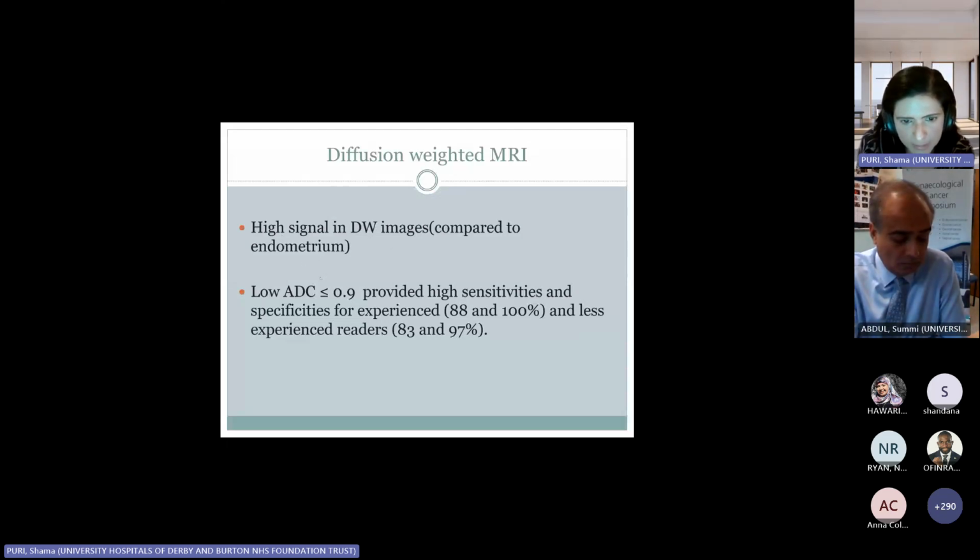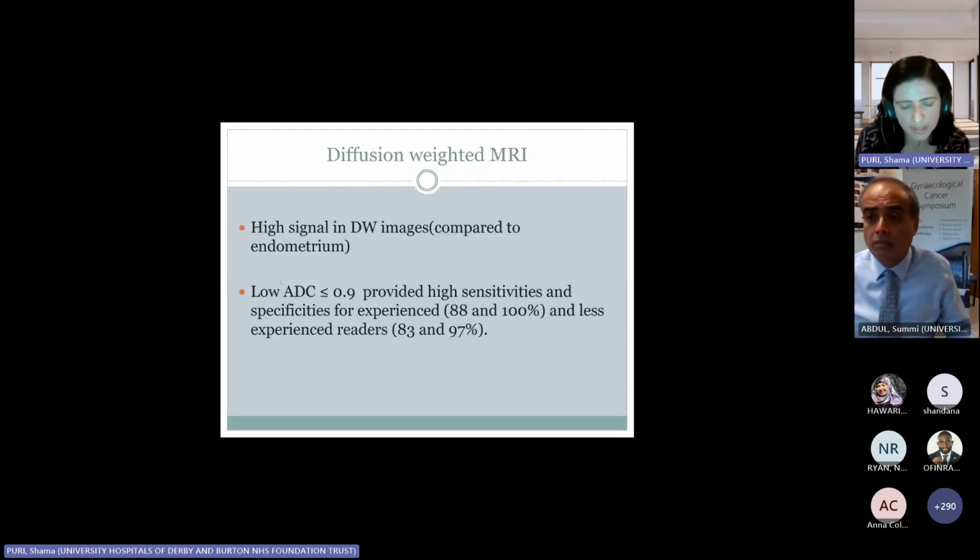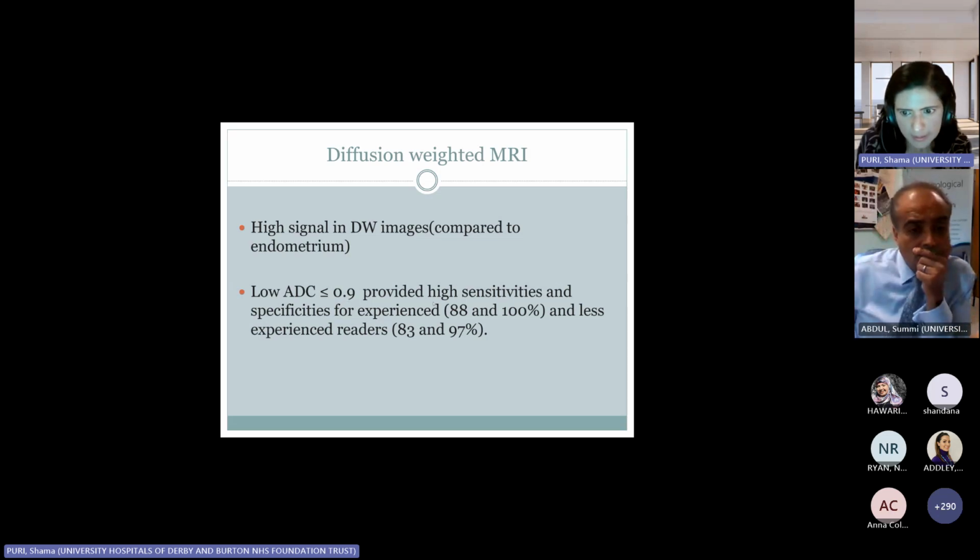And also when we look at the ADC map, because in the ADC map you get an objective number, it has to be less than 0.9. And by using these, they found quite high sensitivity and specificity, both for experienced and inexperienced readers. Obviously, you can see it's not 100%. They had false positive cases, but that's the best they could do.